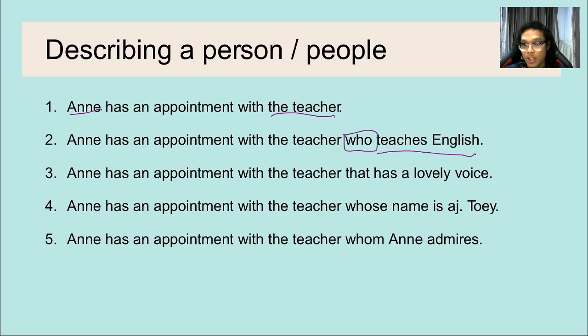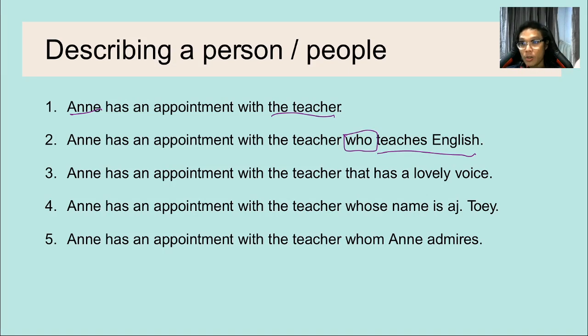So we know specifically which teacher, and in the first sentence they didn't give us any details about the teacher, right? In the school there are like 50 teachers. If we just say "and has an appointment with a teacher," we will get confused, we will know nothing, we will be blank when the girl says so, right? So we want to clarify, to give more detailed information about that teacher, so we use an adjective clause: the teacher who teaches English.